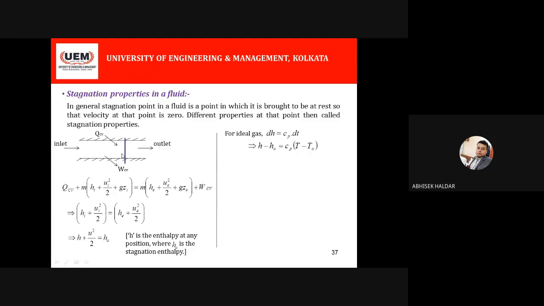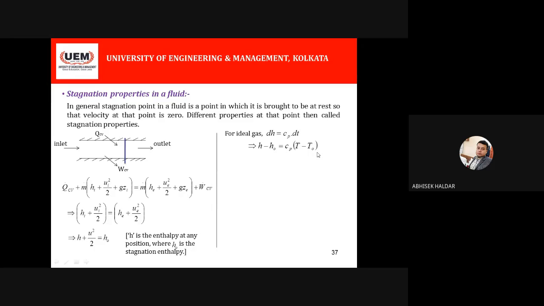So dH means H minus H naught, and by analogy Cp dT will be Cp into T minus T naught. What is T naught? It is the temperature at rest or at stagnation, simply called stagnation temperature. Like H naught is called stagnation enthalpy, T naught is called stagnation temperature.